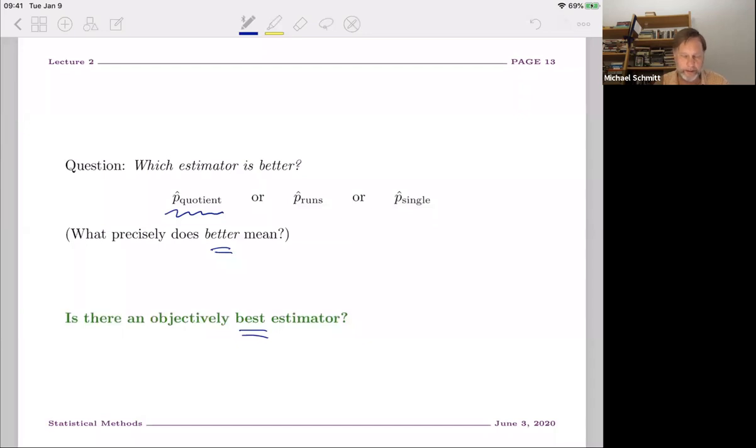I'm not going to do that. Instead, I'm going to tell you that the answer here is yes, there is a best estimator, and it's mathematically true that the best estimator is the one you get from the maximum likelihood method. So I'd like to turn now to the maximum likelihood method.